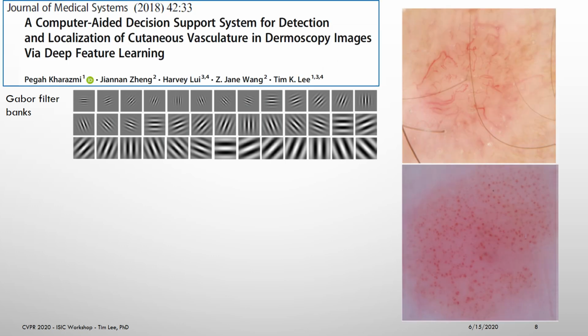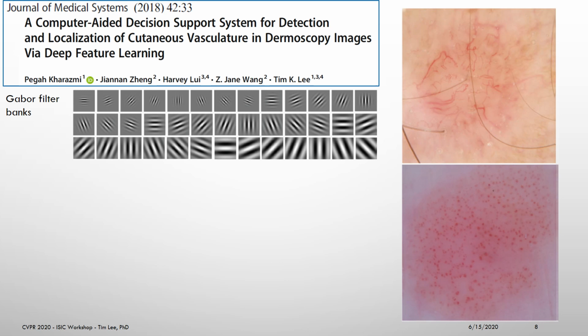It is known that filtering operations can be observed by visualizing the filters. For example, the Gabor filter banks, shown here, can capture general texture features with a set of parallel bands. In one of our papers, we use a stacked sparse autoencoder to detect and localize cutaneous vasculature from skin images.